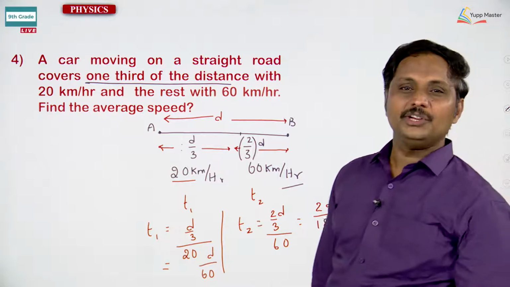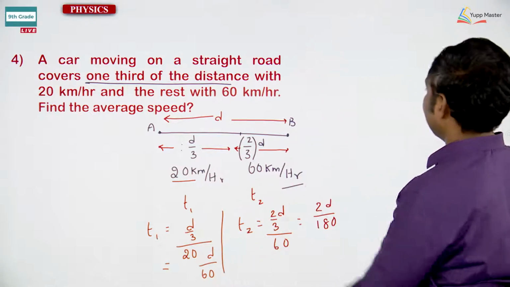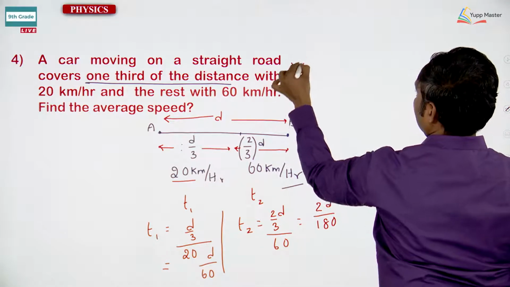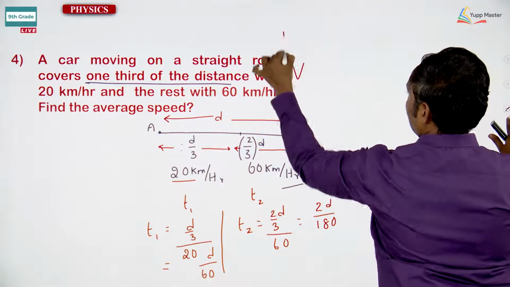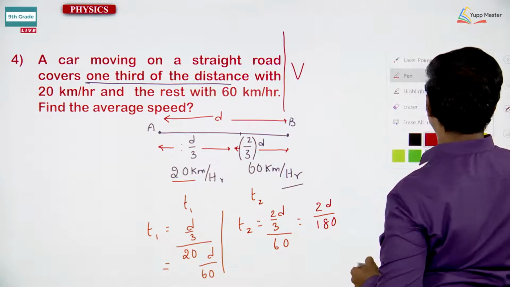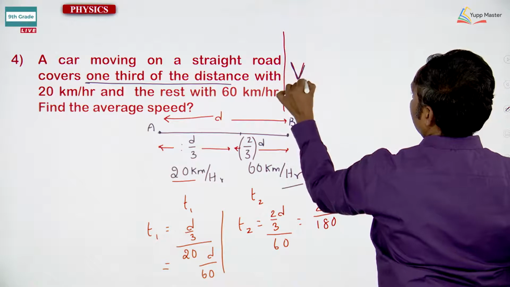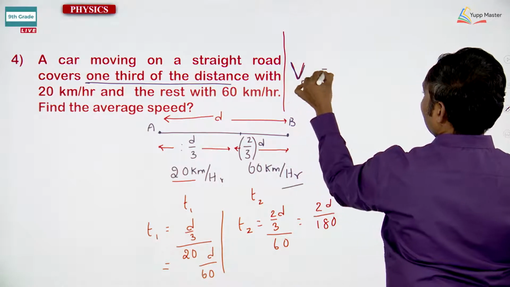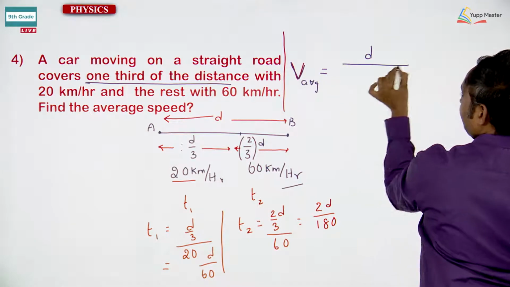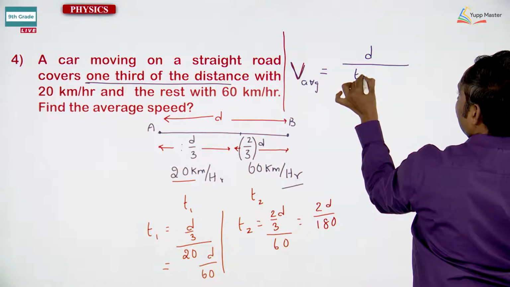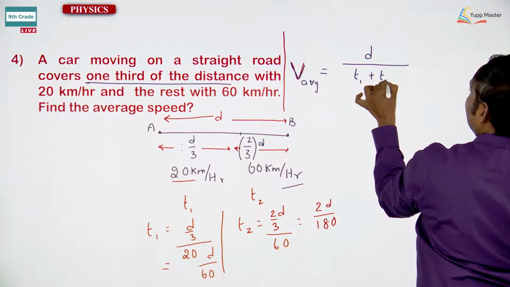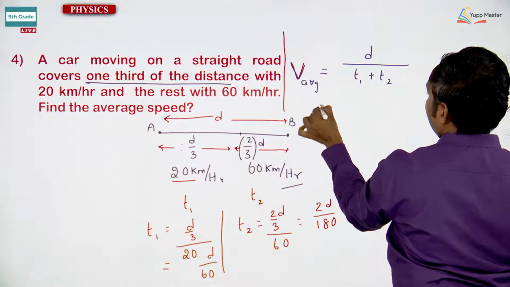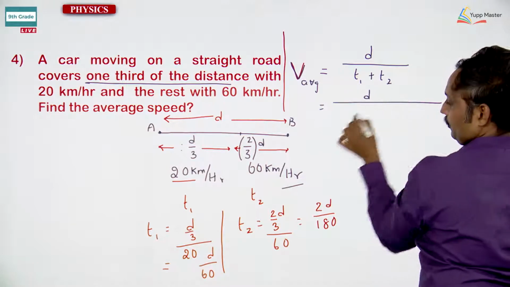Yes, if you are going to take that average speed, V average is equal to total distance by total time, t1 plus t2. That is d by, what about t1?